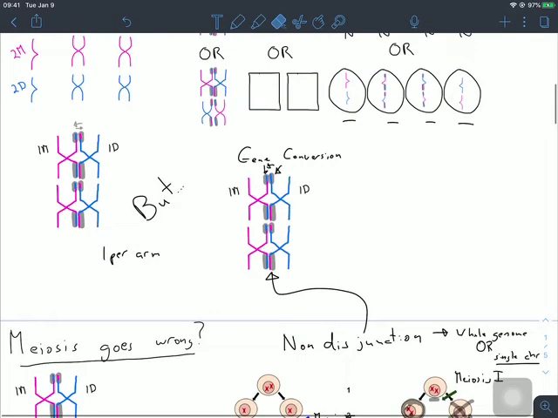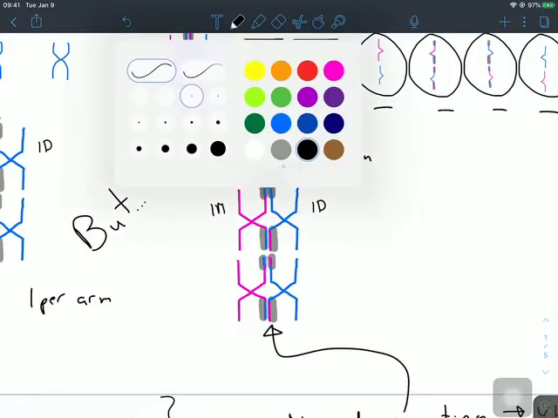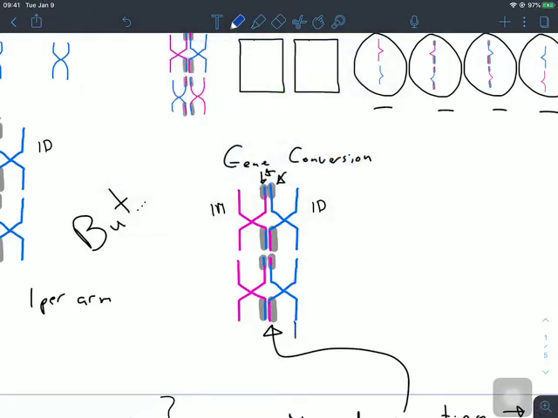So rather than having mom's one, dad's one, and mom's two, dad's two, you might get a whole piece of a dad chromosome that lops off and stitches onto another one of the chromosomes, could be dad's or mom's, but it attaches to the endpoint there.